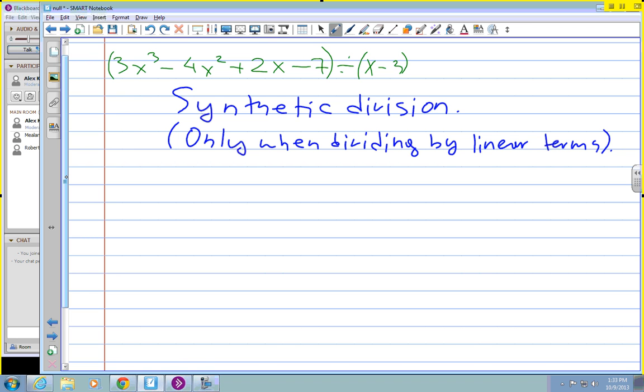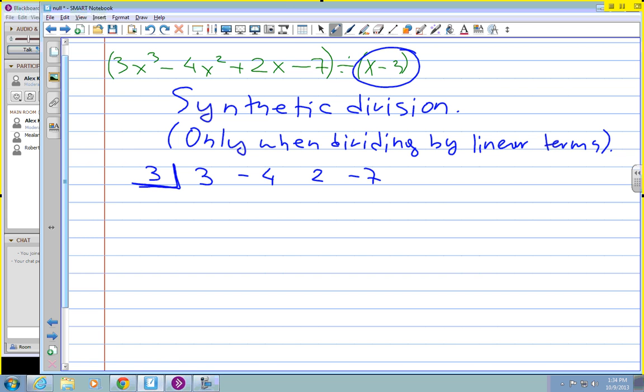What are the coefficients? 3, -4, 2, -7. Now over here, I'm going to put a little number, and that number comes from the divisor. If I ask you, what number is subtracted from x in our divisor? 3. So I'm going to put that number here, 3.